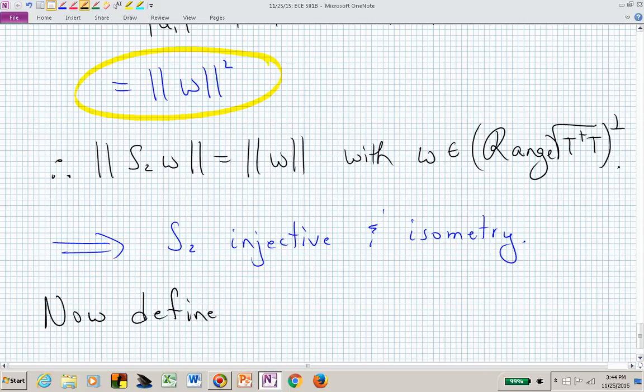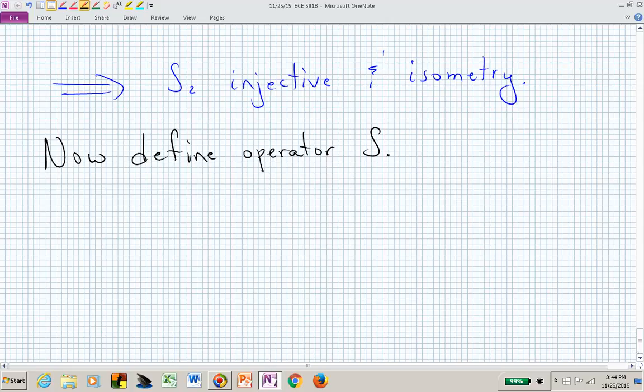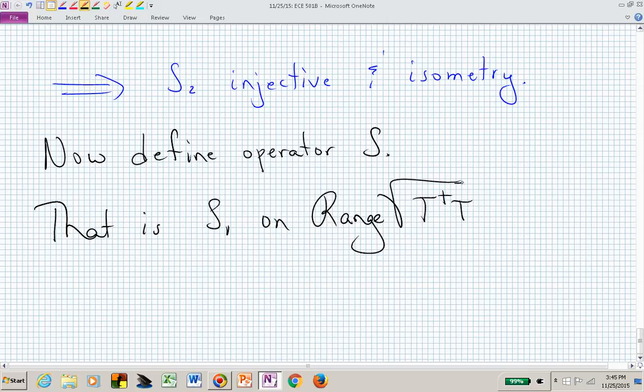So now we want to define the operator that we were wanting to end up with initially, which was S. That is, we have S1 on the range of this square root of T dagger T. That's where S1 is working, and S sub 2 is this rotation on the orthogonal complement to that.